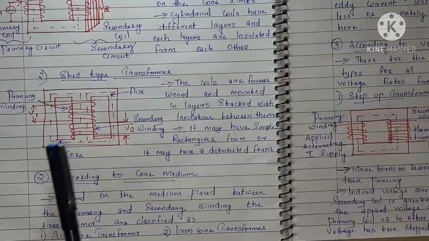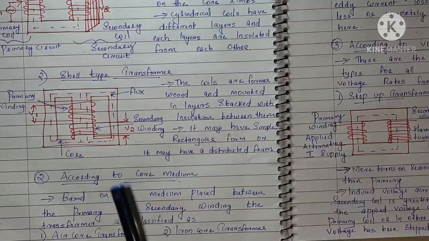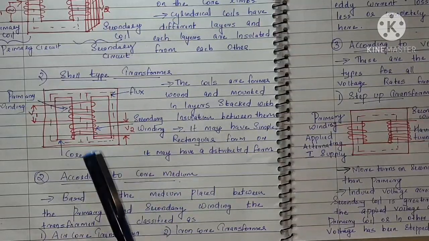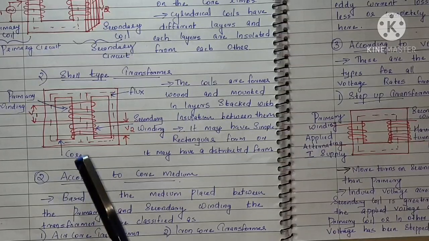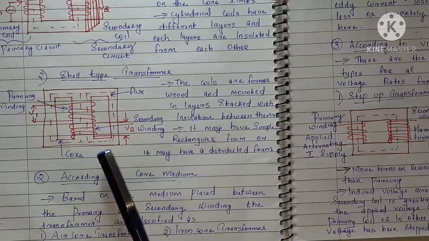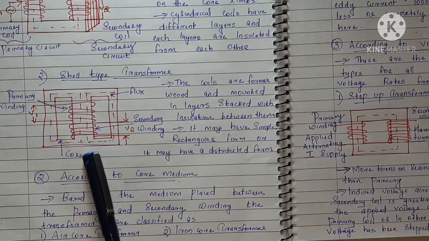The primary as well as secondary coils or windings are in rectangular form. The coils are former wound and mounted in layers which are stacked with insulation between them. In the shell type transformer, the primary and secondary windings are wound around the center.